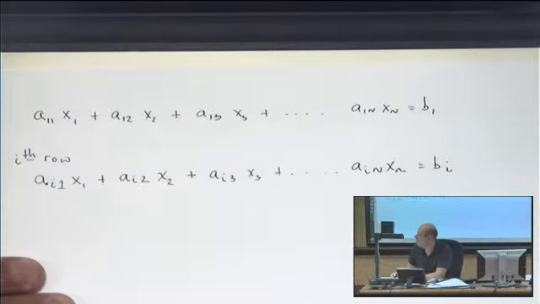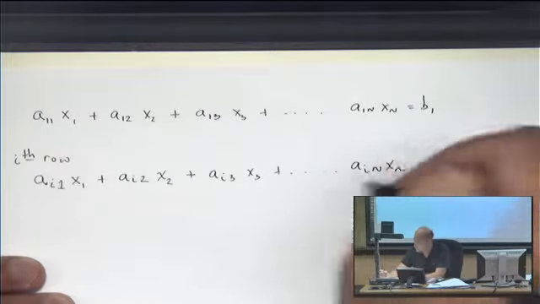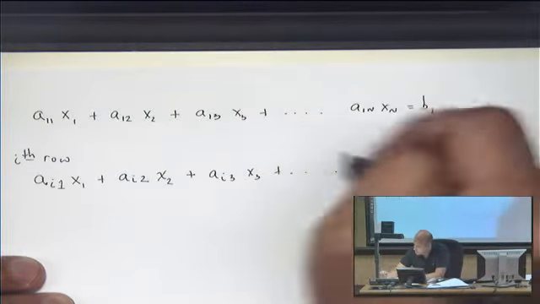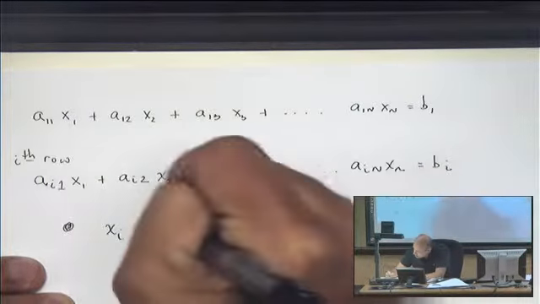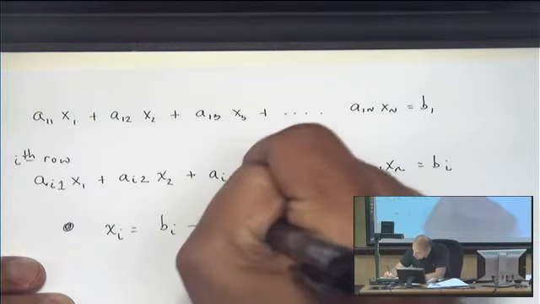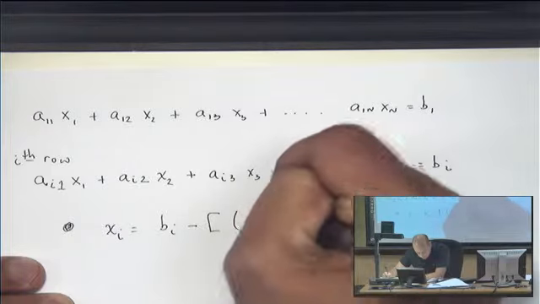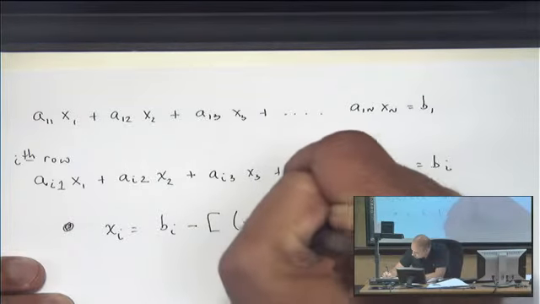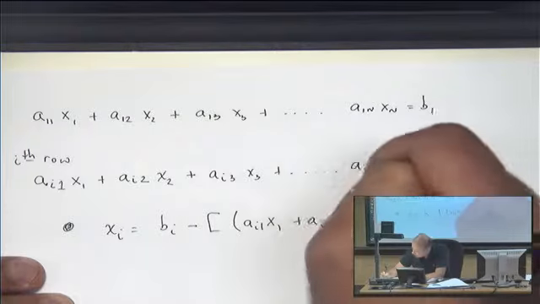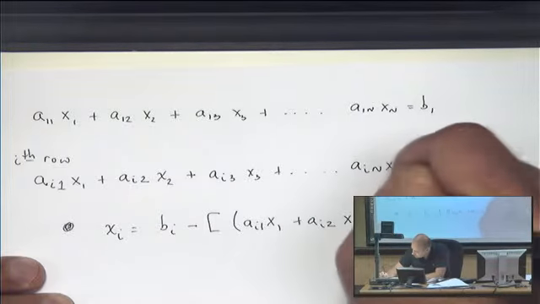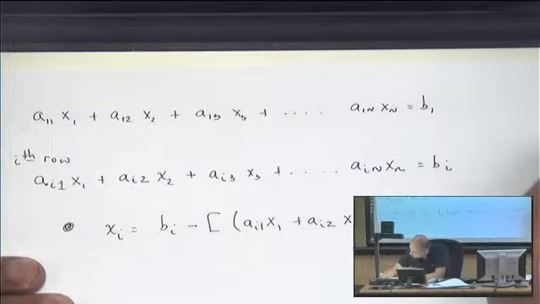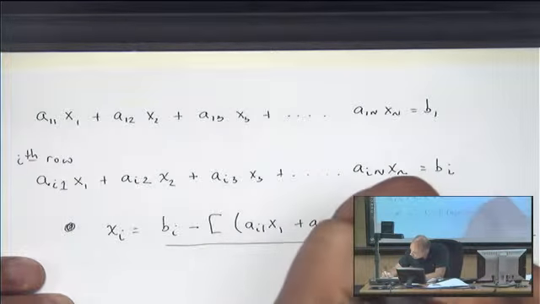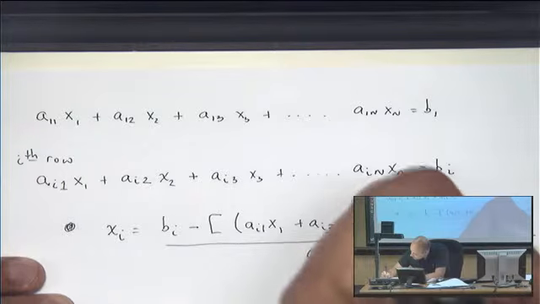If I wanted to solve for x i, what you would have is x i is equal to b i minus the other terms, divided by a i i.